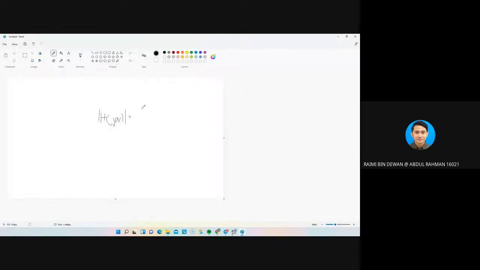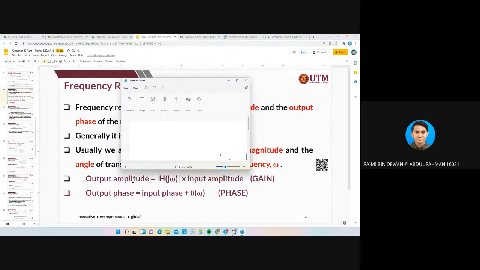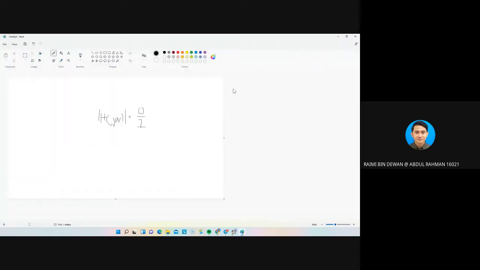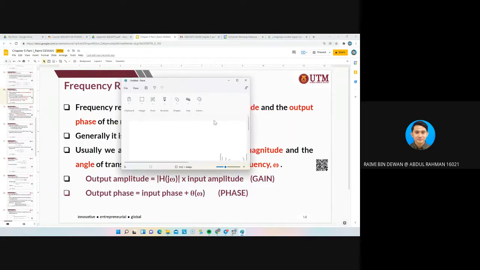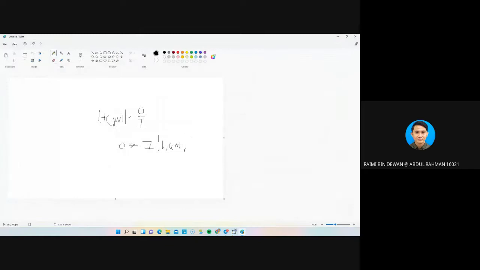So you have this is output over your input. If you want to know the gain, you can see here this is your output. You want to rearrange output over your input, so this is the gain. Okay, the gain. So this is output amplitude, this is input amplitude.